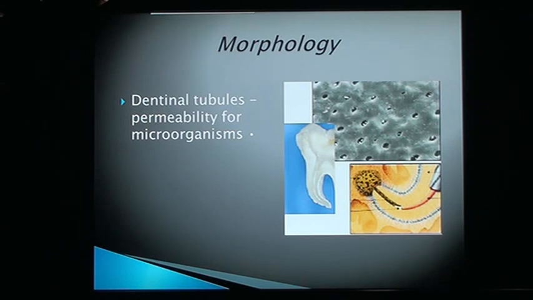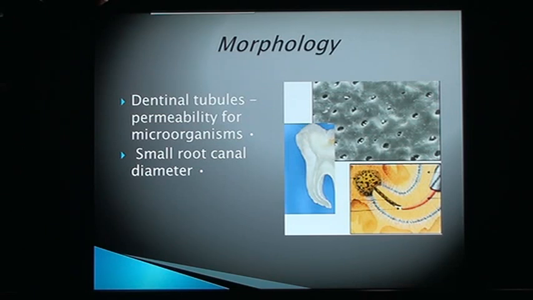So imagine how many bacteria can migrate inside these dentinal tubules, and we cannot reach them by conventional methods of irrigation.